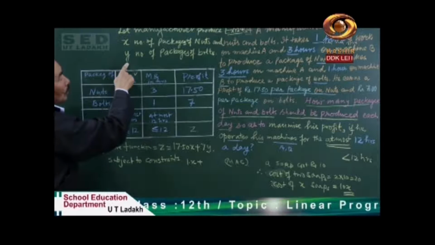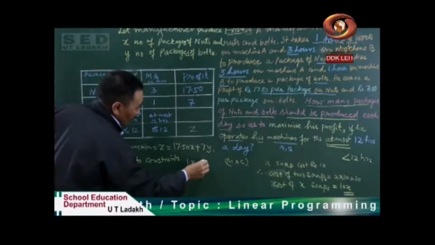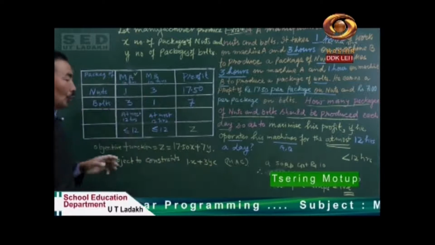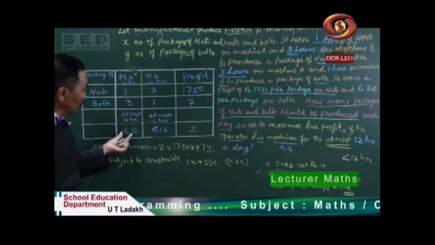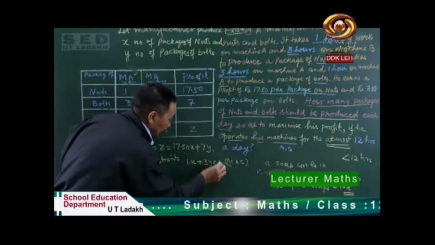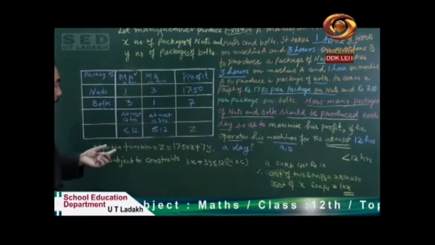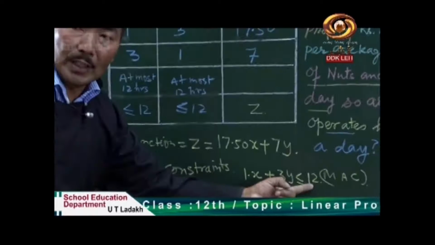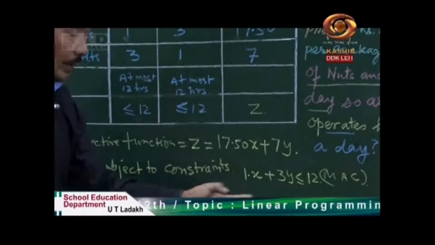If we produce Y packages of bolt, it becomes 3Y. And that time should not be greater than 12. It should be less than or equal to 12. This is the machine A constraint. Machine A can be used for a maximum of 12 hours.